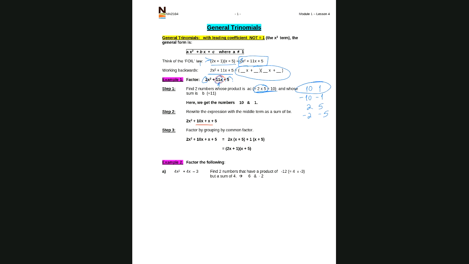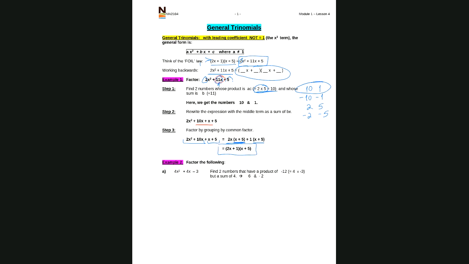So something common in the first 2 terms, that is 2x. So factor the 2x in the first 2 terms. The last 2 terms, there's nothing common, so let's just take out a plus 1, because notice we get the x plus 5 back, which is the same thing as the first bracket. And the common factor now is x plus 5, so now you can completely factor.